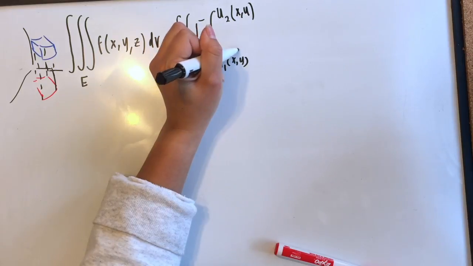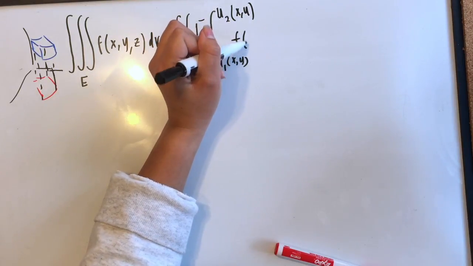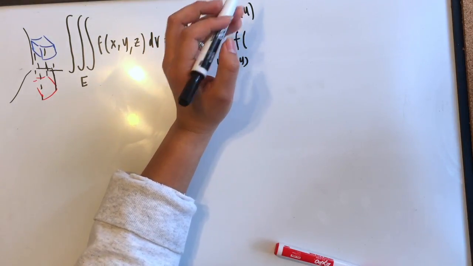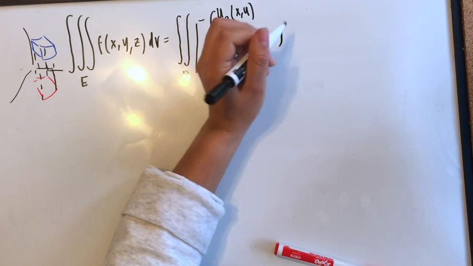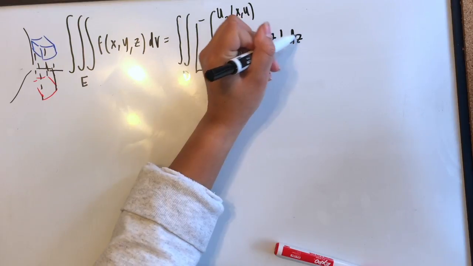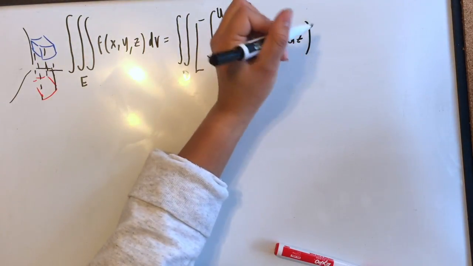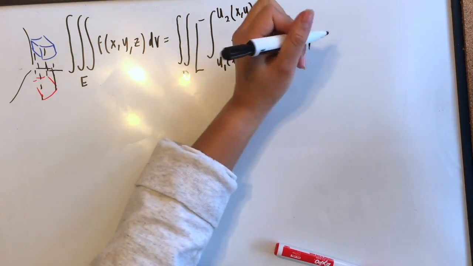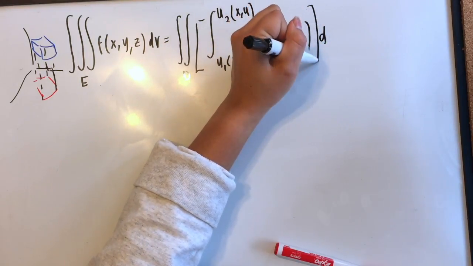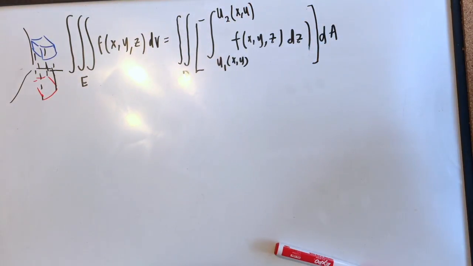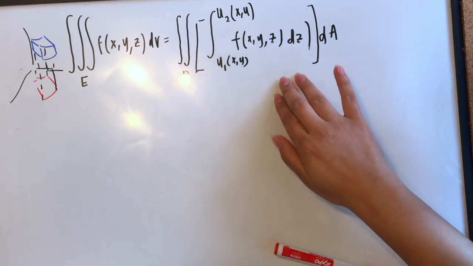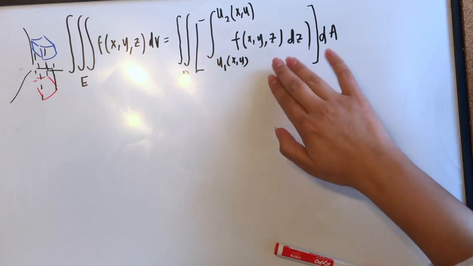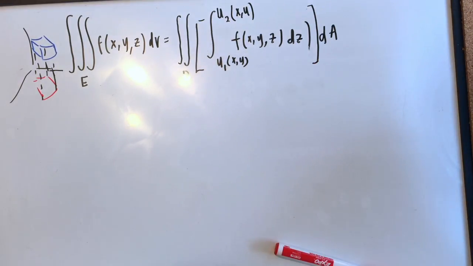Okay, dz of that, and then dA. So this is the version that the book had given, the one that, if you recall, I said I really didn't like using.